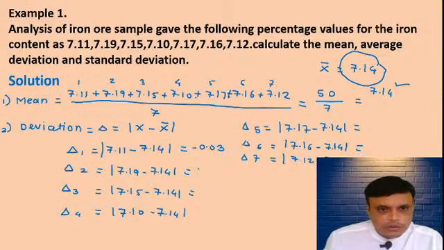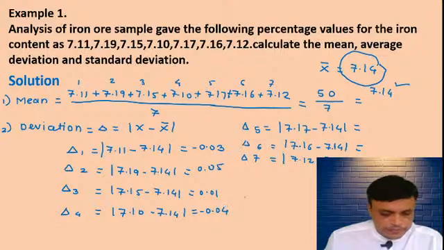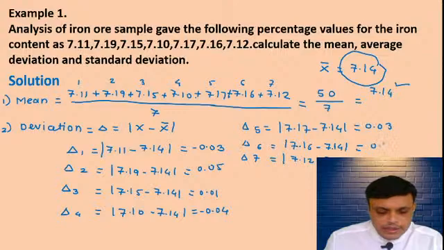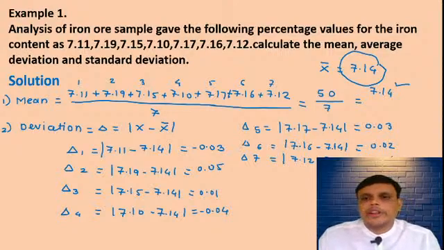How much is del 2? 0.05. Del 3, 0.01. Del 4, minus 0.04. Del 5, 0.03. Del 6, 0.02. Del 7, minus 0.02.